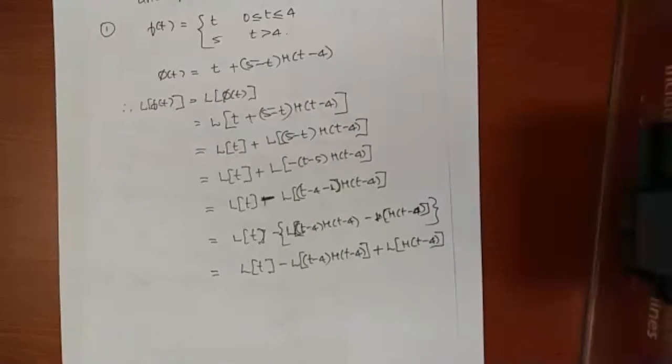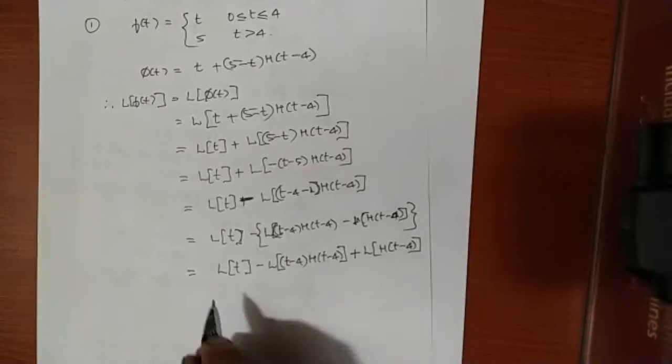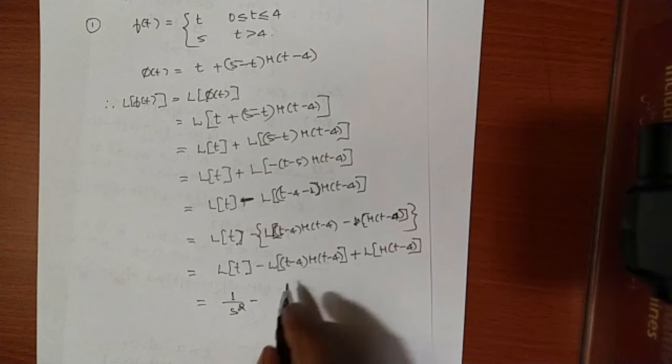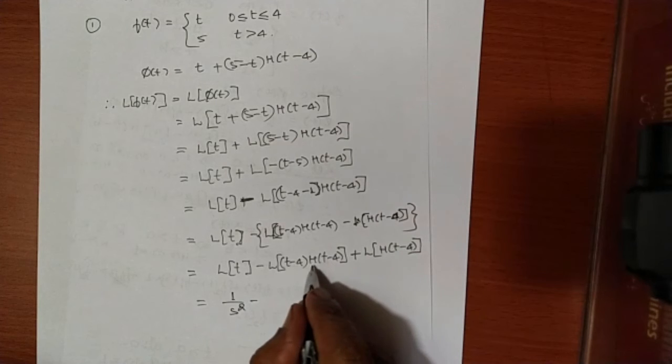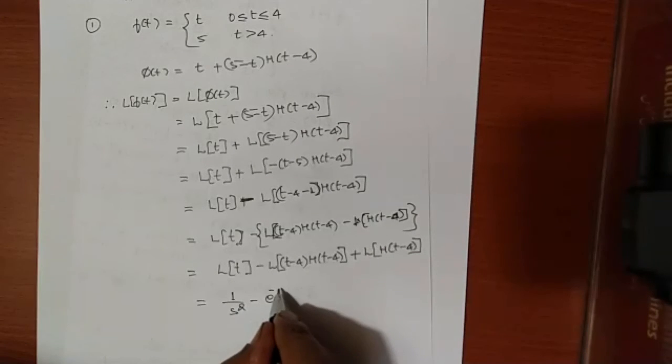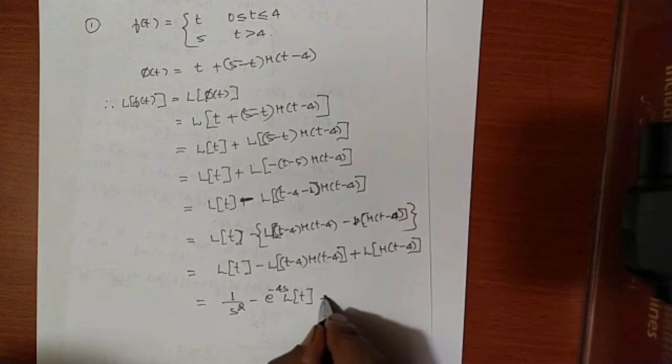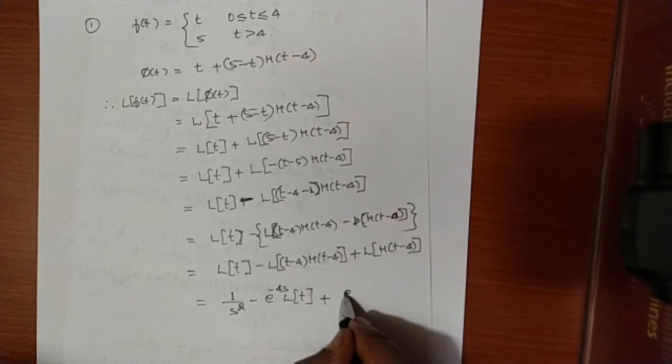If I simplify this, L of t is 1 by s squared, minus e power minus 4s into L of t, and L of h of t minus 4 is e raised to minus 4s by s.